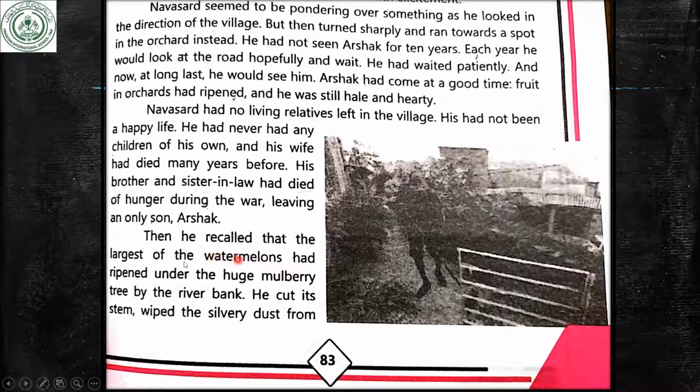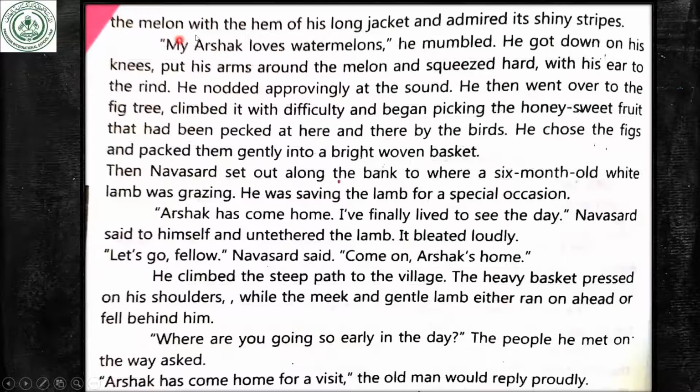Then he recalled that the largest of the watermelons had ripened under the huge mulberry tree by the river bank. He cut its stem, wiped the silvery dust from the melon with the hem of his long jacket and admired its shiny stripes.